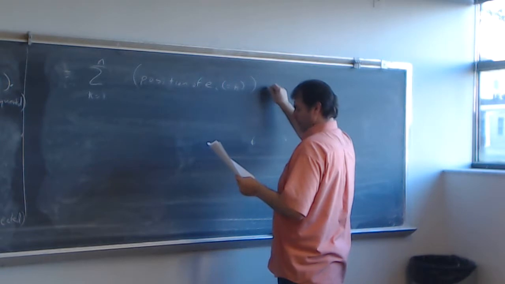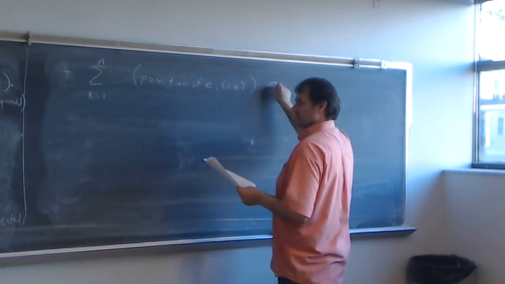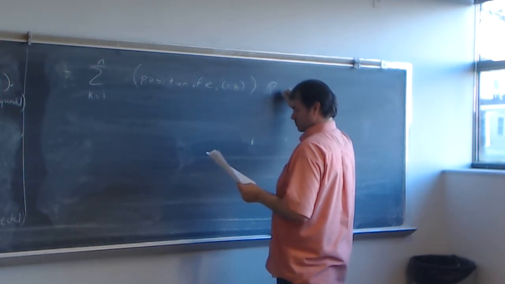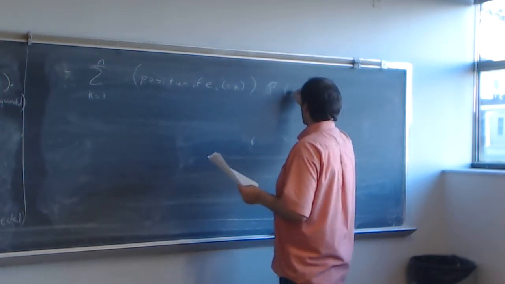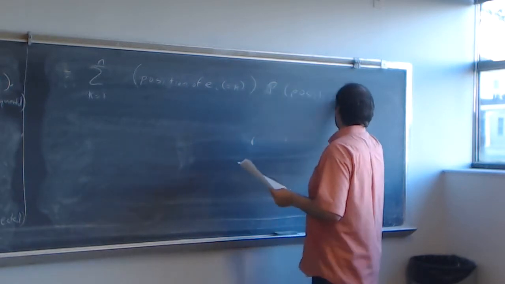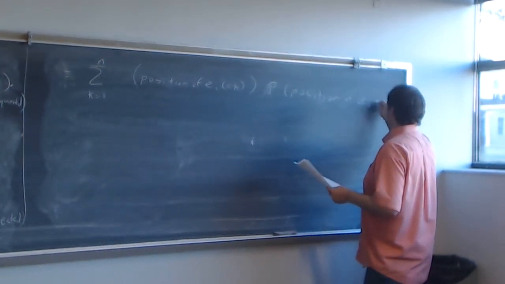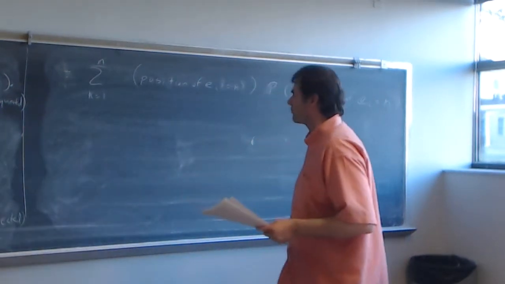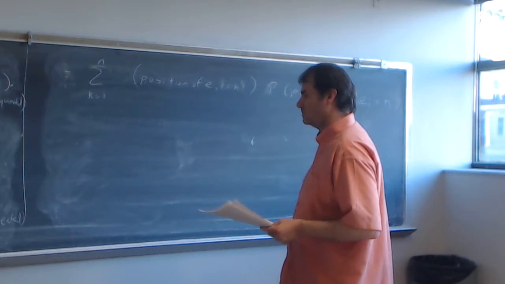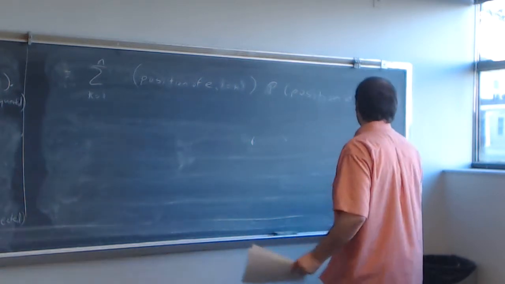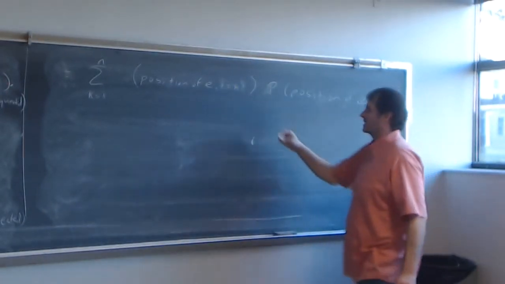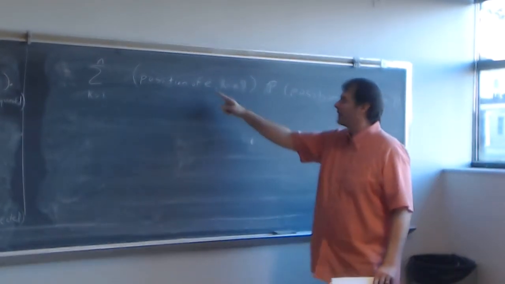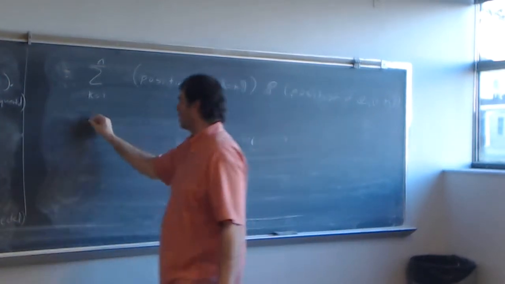of the position of E_i equal to k. Okay, so here, this is nothing more than the expected value of the position of E_i.